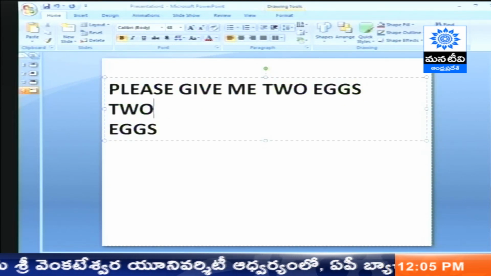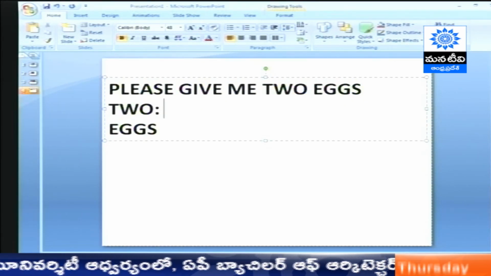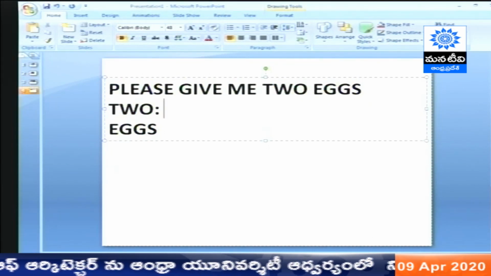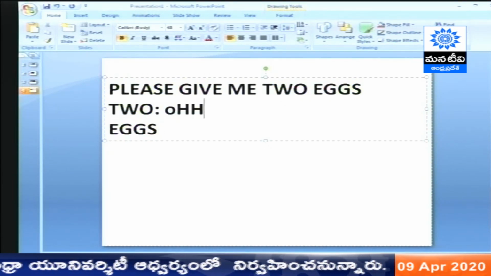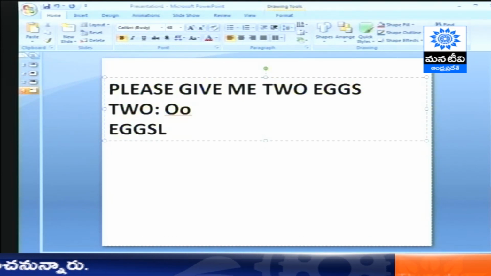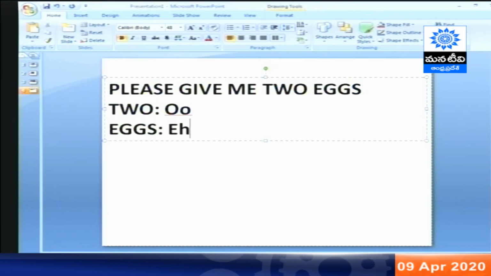So when I say two, I am using the sound oo. When I am saying eggs, I am using the sound a. So this word is ending with a vowel sound.